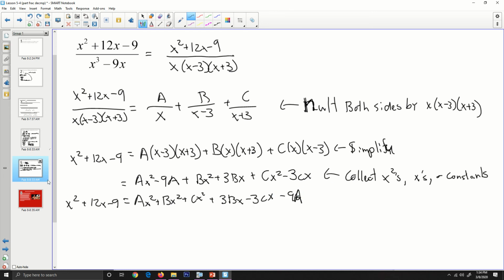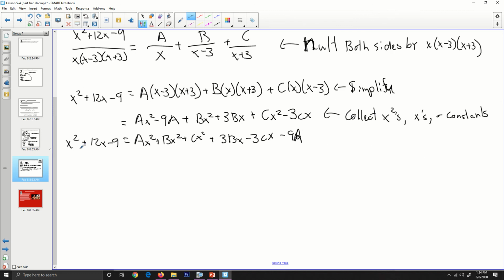Use a capital A. All right, so when I factor the x squareds out, I'll have x squared plus 12x minus 9 equals, let's go parenthesis, and this will make it easier for us to see, a plus b plus c x squared, and then plus 3b minus 3c times x minus 9a.